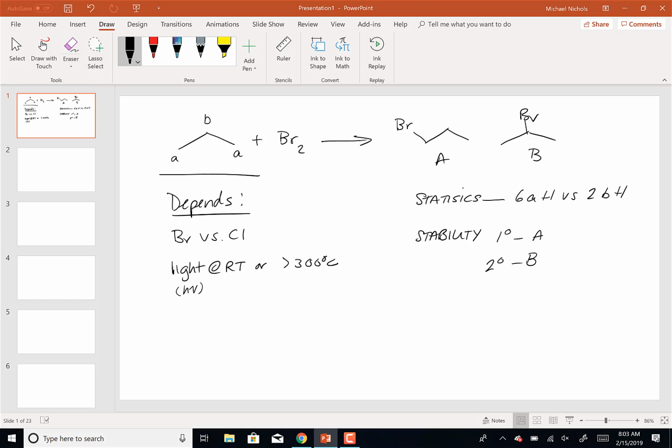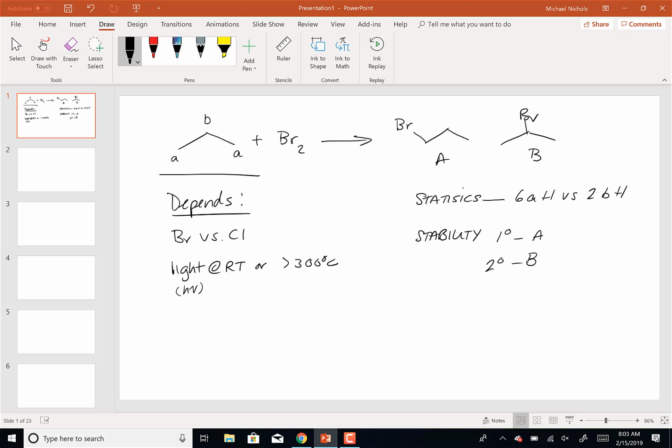So these two things are fighting against each other. And so which one wins? It depends on what conditions we use. So that's where we were at the end of class on Wednesday, so that we're all in the same place, including me. So where do we go from here?